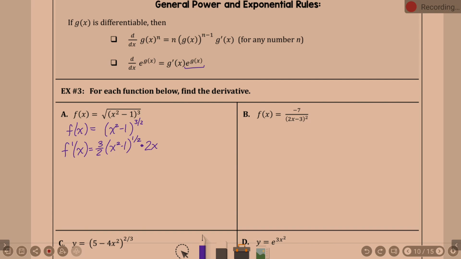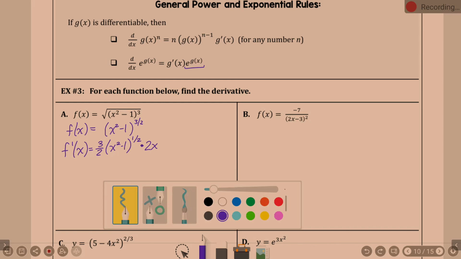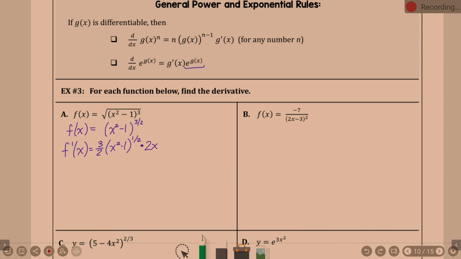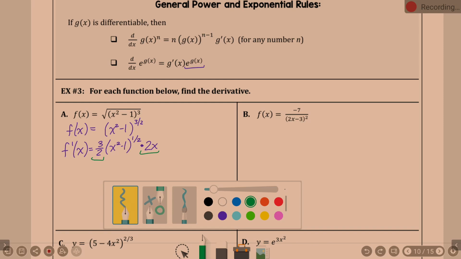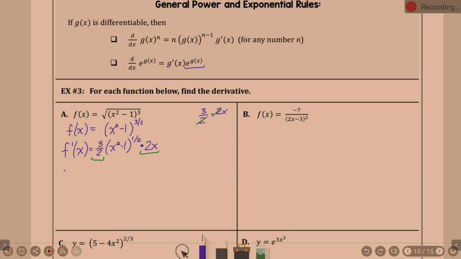I would clean it up a little bit. If you clean it up, there's something nice that will happen. Do you see it? What happens when you multiply 3 halves and 2x? 3x. The 2's cancel, right? 3 halves times 2x, I can cancel my 2's, so I'm going to be at 3x.